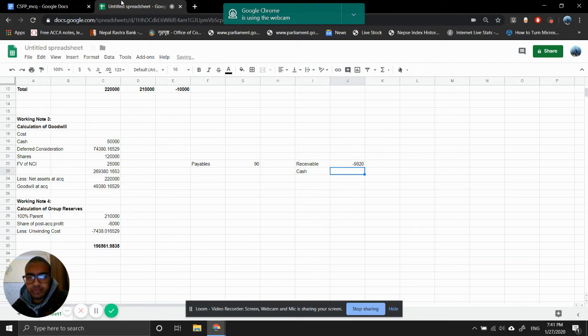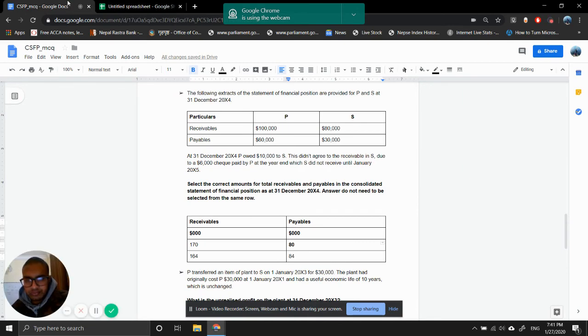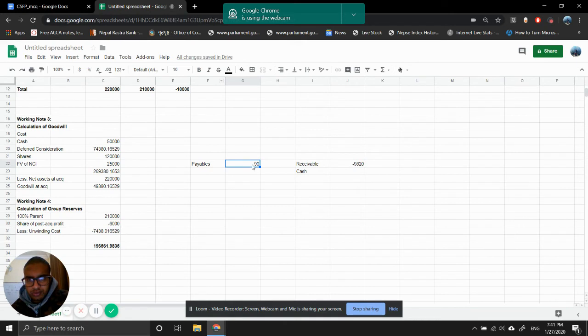Okay, so in this particular figure we need to reduce it by 10. Okay, because 6 we have already paid, 4 is the mutual owing, or that's the payable to our own subsidiary, so we eliminate it.